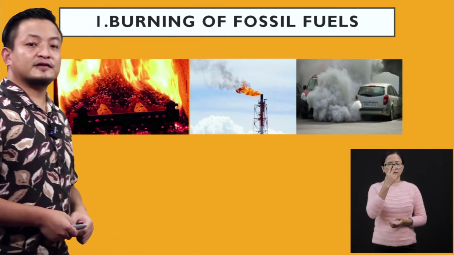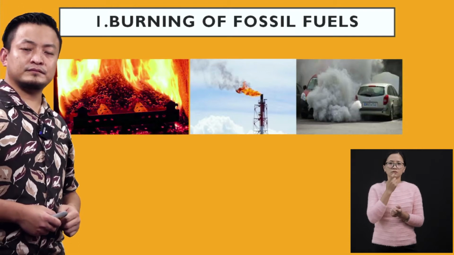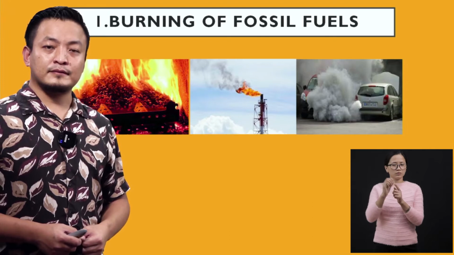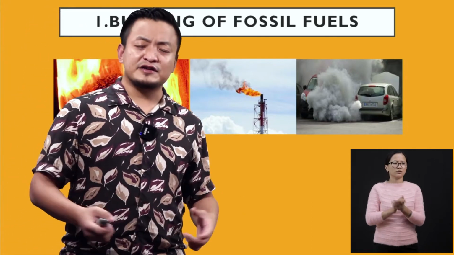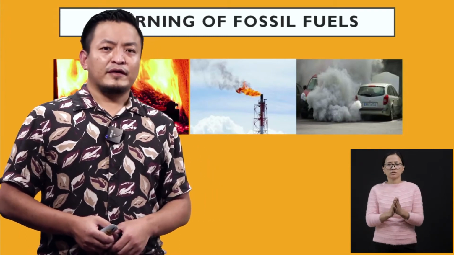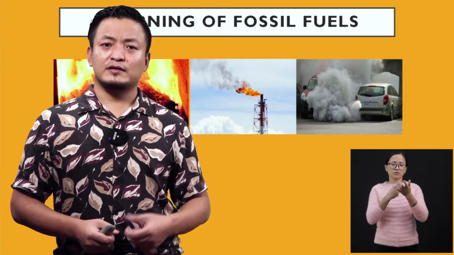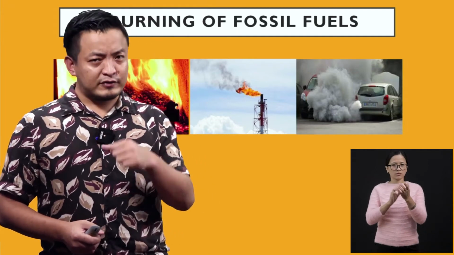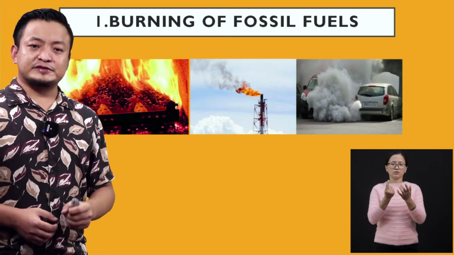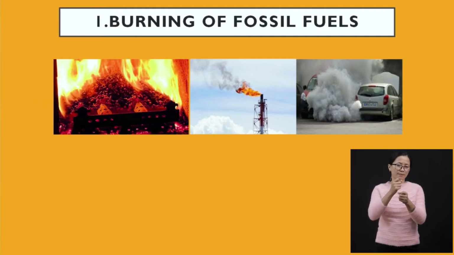Now you can see here, burning of coal, pollution from cars, from heavy industry, factories. Now they produce carbon monoxide. Okay, carbon monoxide is a very poisonous gas. So I want you to have a look at these pictures. These are all examples of burning of fossil fuels. Okay?